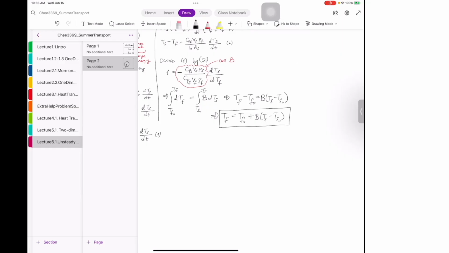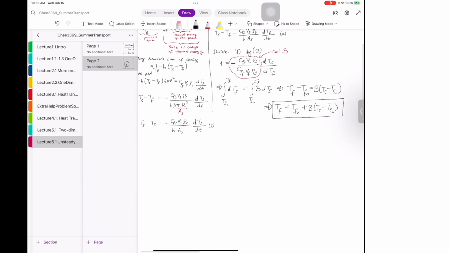Now I can replace it in any of the formulas to solve for Ts only. So we can write, for example, this in here, right?